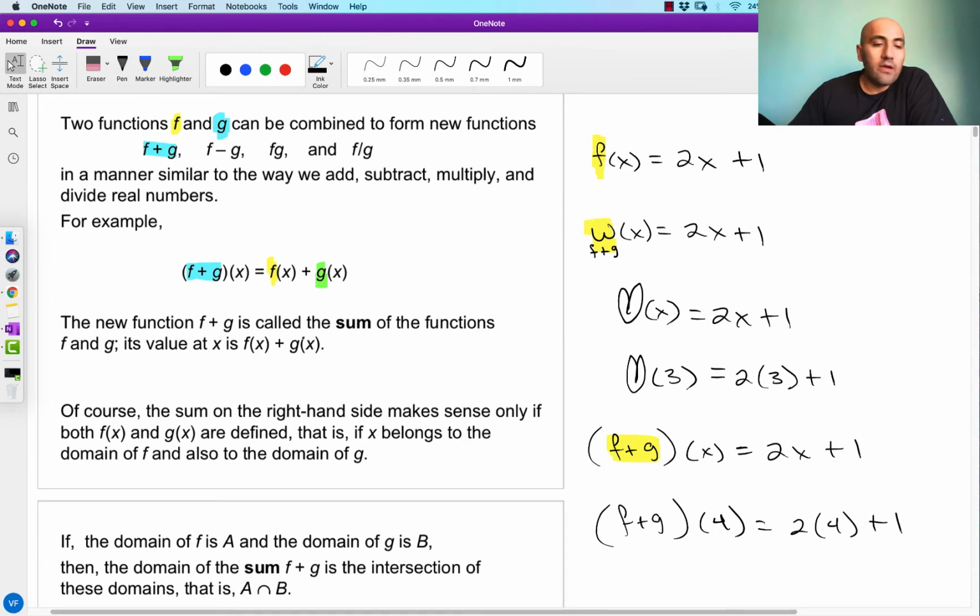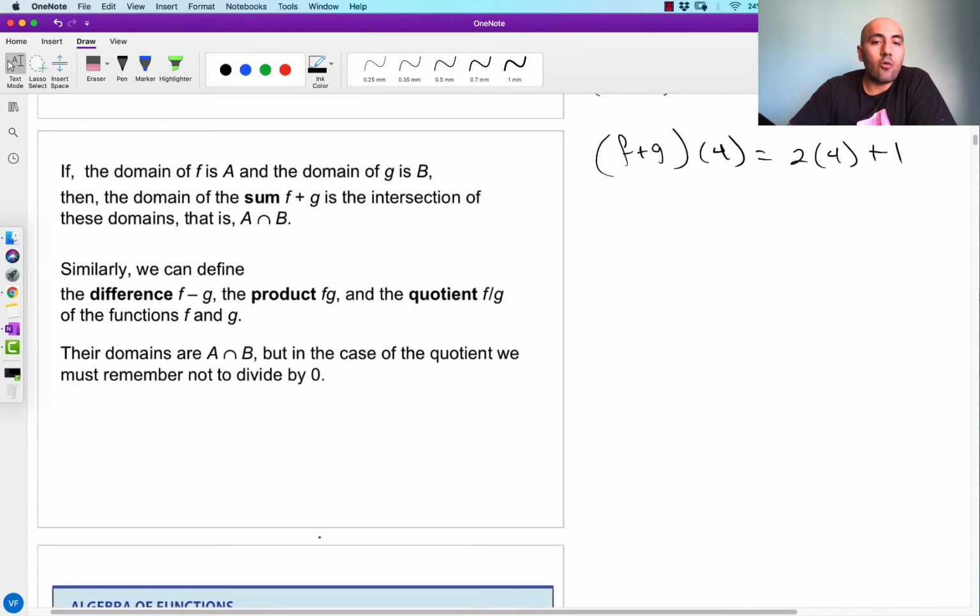Good. So if the domain of f is capital A and the domain of g is capital B, then the domain of the sum function f plus g is the intersection of these domains. That is, A intersect B. Good. So all the values common to both domains of both functions make up the domain of this new function, which is the sum of the functions f plus g.